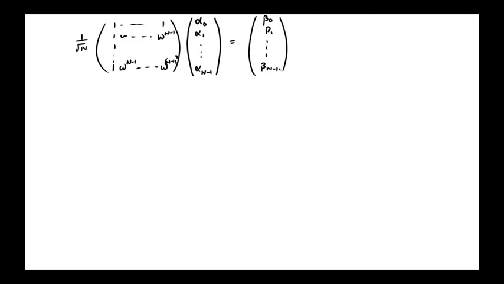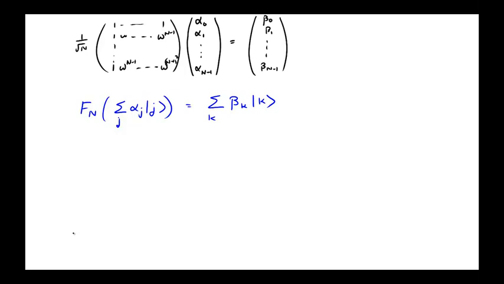So what we are saying is that F sub n applied to this state, summation over j of alpha j |j>, is equal to summation over k of beta sub k |k>. Right? That's the result of applying this transform to this.